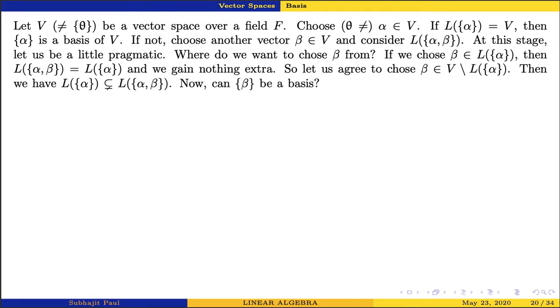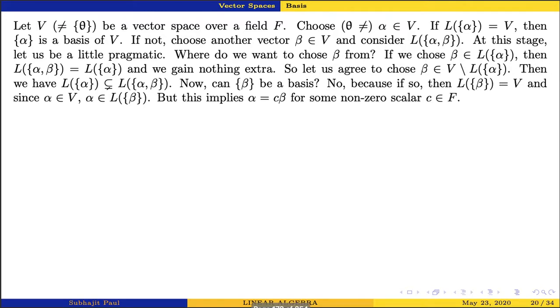Now, can beta be a basis? Because when we are talking about alpha, beta, it can be shrunk to alpha or beta. Shrinking to alpha doesn't work, that's what we have seen over here. But can shrinking to beta work? No, because if so, then the linear span of beta should be V, and since alpha is a vector, alpha should belong to the linear span of beta.